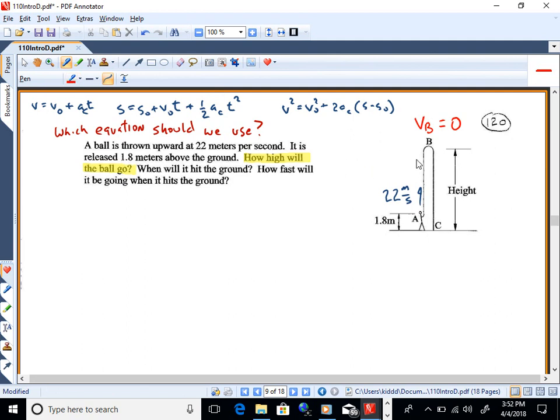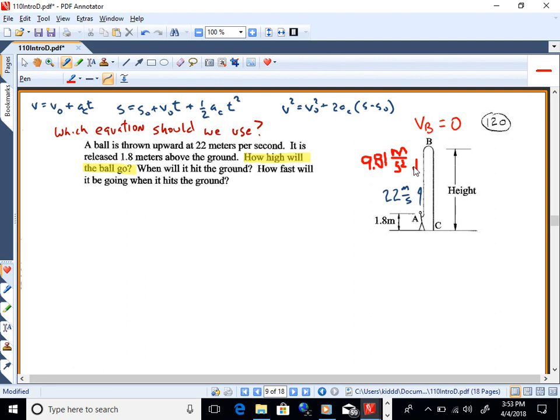Okay, so that's what I know. So this is 9.81 here. All right, so if we think about what we know and what we want to find out, hopefully we can get an equation here that'll get that for us, okay?